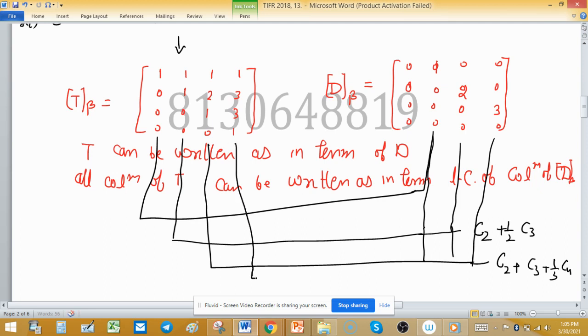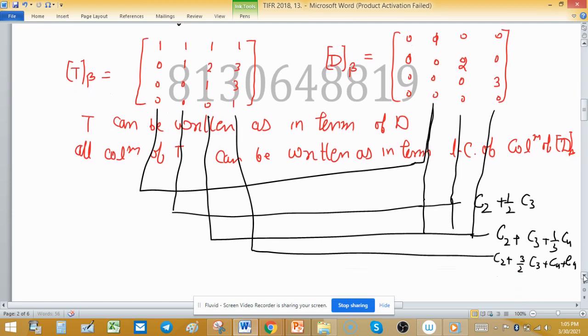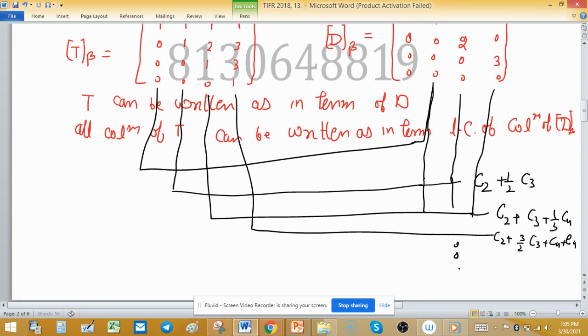And this column can be written as C2 plus 3 by 2 C3 plus C4 plus E4, where E4 means 0 0 0 1.